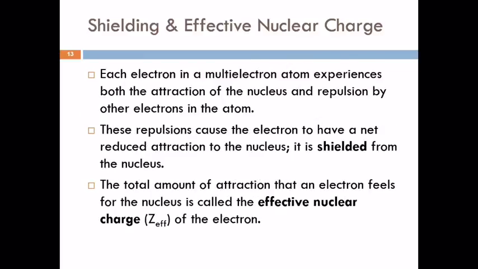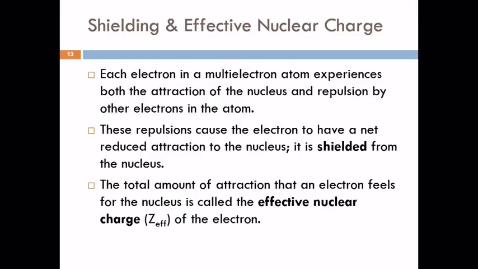So the electrons, especially those that are more towards the outside of the atom, are shielded from the nucleus. They've got these negative electrons between them and the nucleus, and that decreases the attraction that they have for the nucleus. The amount of attraction that the electron feels is called the effective nuclear charge, symbolized Z_eff, for effective, and it measures the amount of shielding.